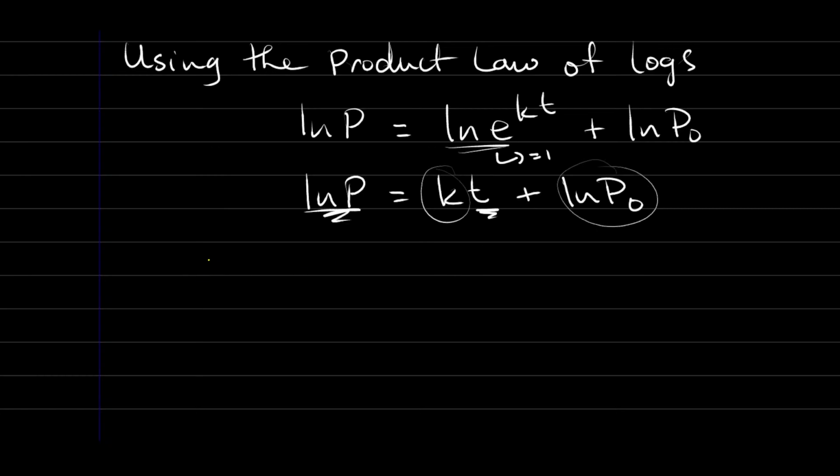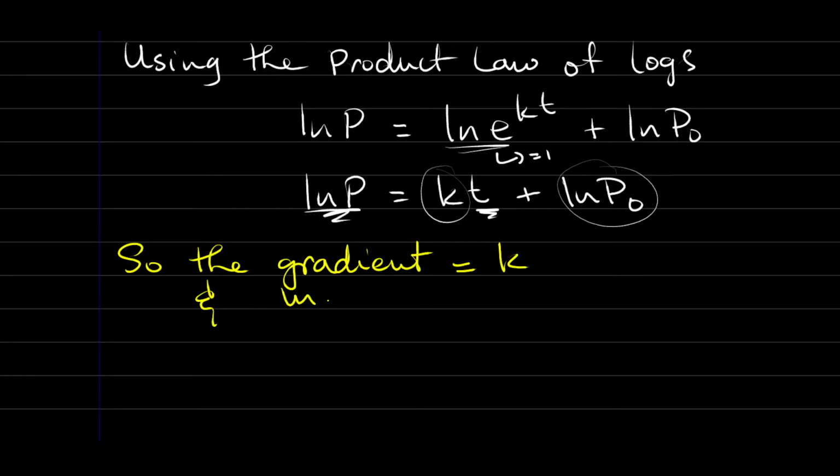So in this situation, the gradient is equal to that growth constant k, and the y-intercept is equal to ln p naught.